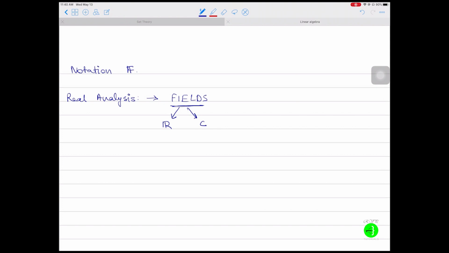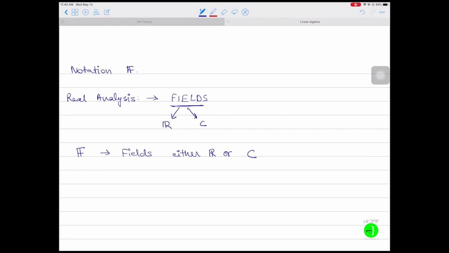So in my next videos or maybe in the next chapter, whenever I write this F, it denotes all fields, which could either be the set of real numbers R or C. Basically, when we talk about F, we talk about fields.